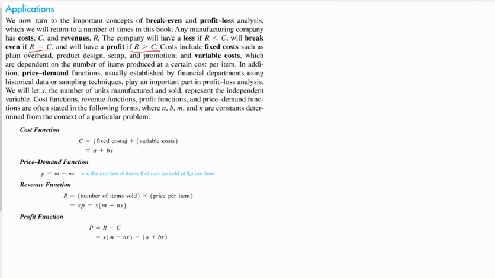So the cost function is fixed cost plus variable cost. Variable cost will have the variable x attached to it, and the constant a is the fixed cost. The price demand function is going to be p equals m minus nx. This is often determined by the financial departments.